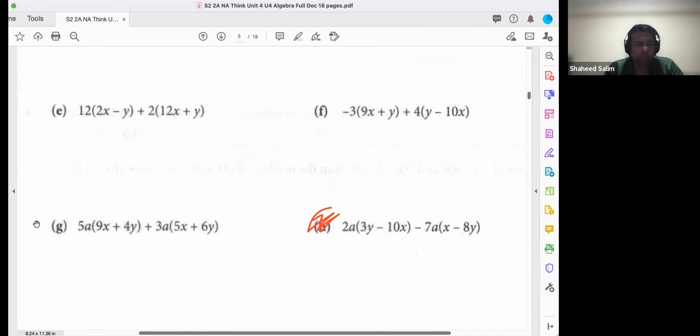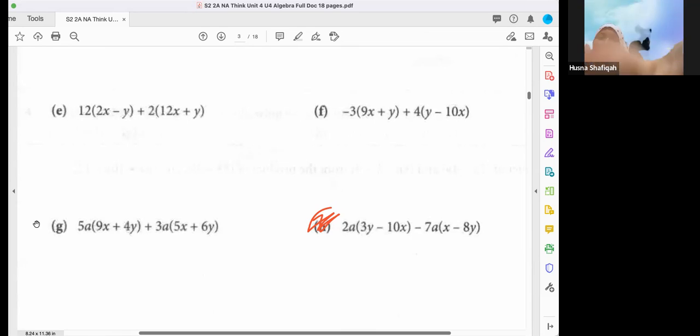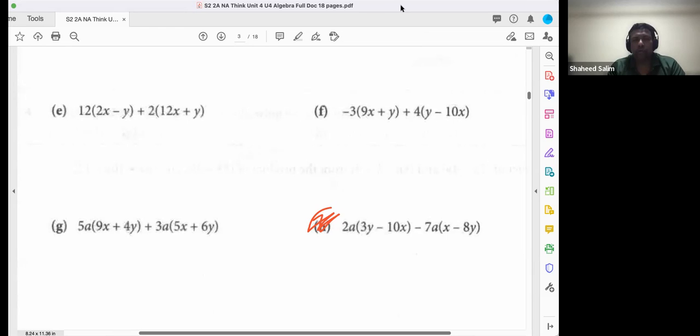Where is the mistake? If not, I have to show. Abdul Rahman, what about you? Okay, so take number times number. 6 times 2 times 3 is 6 AY, positive, right? 2 times 10 and it's negative, right? 20 AX, negative 20 AX.